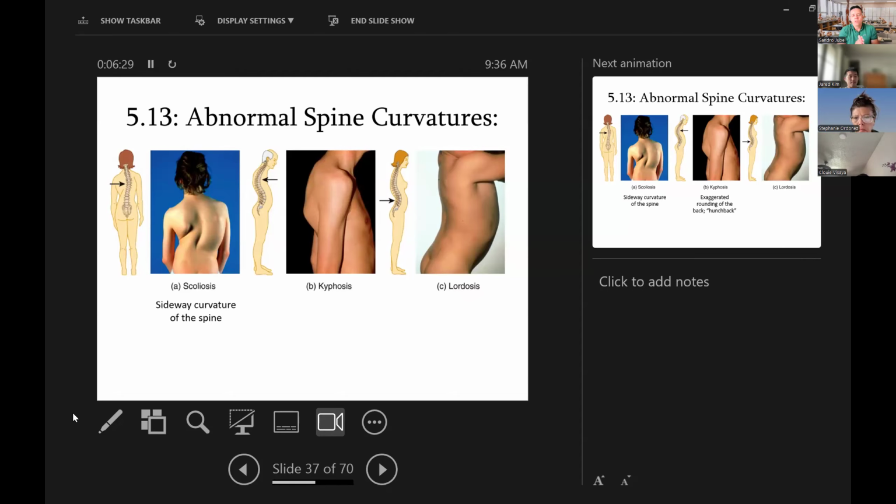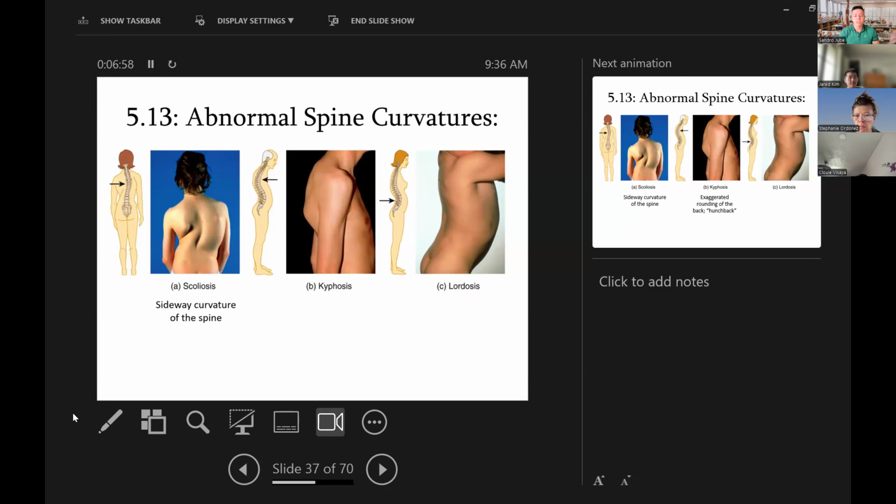Guys, most kids, as they are growing up, have a certain degree of scoliosis. If you take your child to the pediatrician, they're going to look at the back and say, yeah, there's a little bit of scoliosis here. Most of the time, the majority of the time, that scoliosis goes away as they grow older.